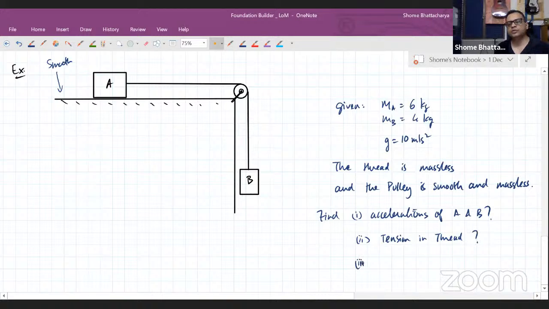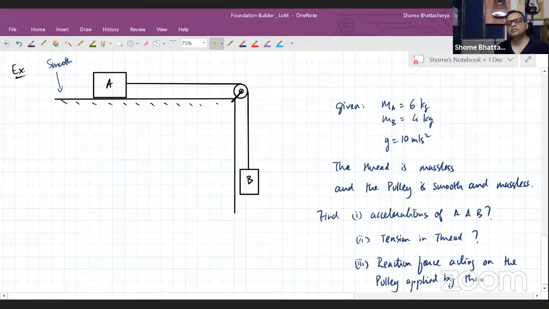And we also want to find out, now this is an additional thing that can be asked, the reaction force acting on the pulley, applied by the clamp. The pulley is clamped to this corner, so there is some kind of reaction force acting between the clamp and the pulley. So how much reaction force is the clamp applying on the pulley, that we have to calculate.